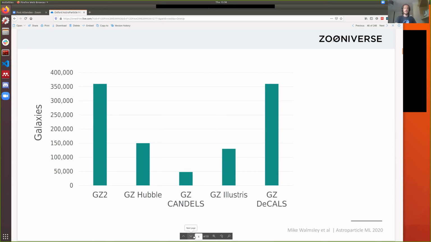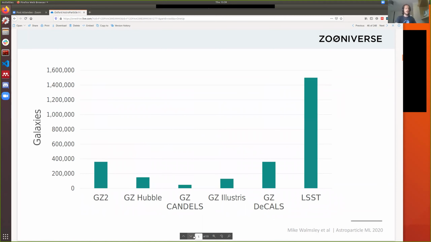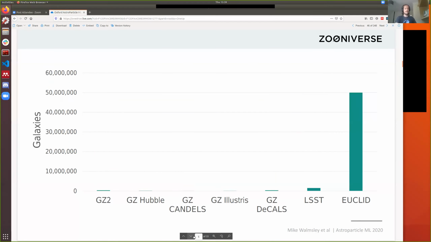When LSST comes online, one big survey, we'll need to classify this many galaxies. And when Euclid comes online, space-based telescope, we're going to need to handle this many. Tough. So either we'll have the richest, largest set of morphology measurements to date, or we won't, because we won't be able to keep up.